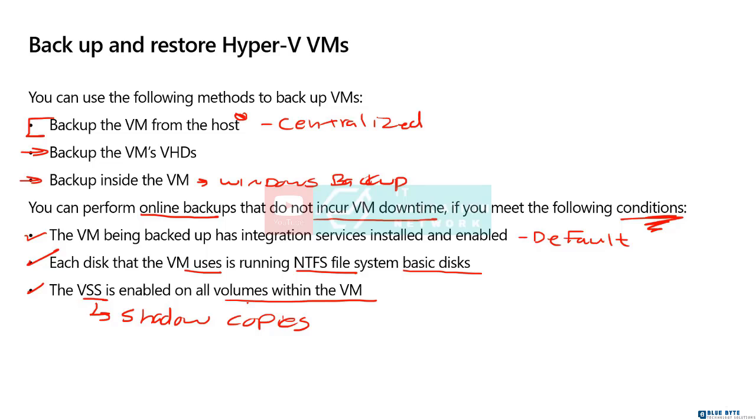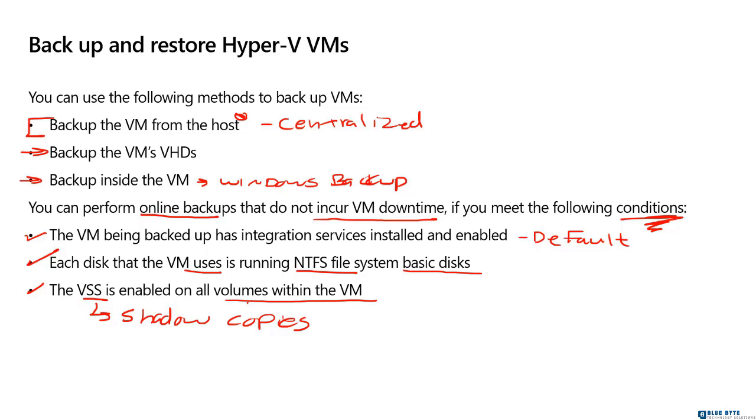So let's say I have a shadow copy created at 10 a.m. At 10:30, a user calls and says 5 minutes ago they were editing a file and they clicked save, but the changes they saved to the file they should not have saved, and they simply want to revert back to the version before.